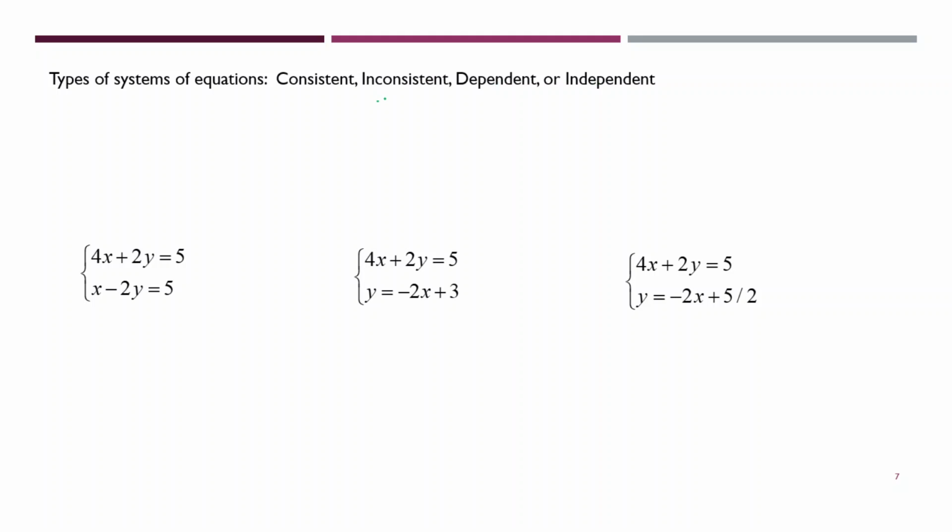So remember, inconsistent is the parallel, no solution. Consistent has a solution. Okay? Dependent has an infinite number of solutions.